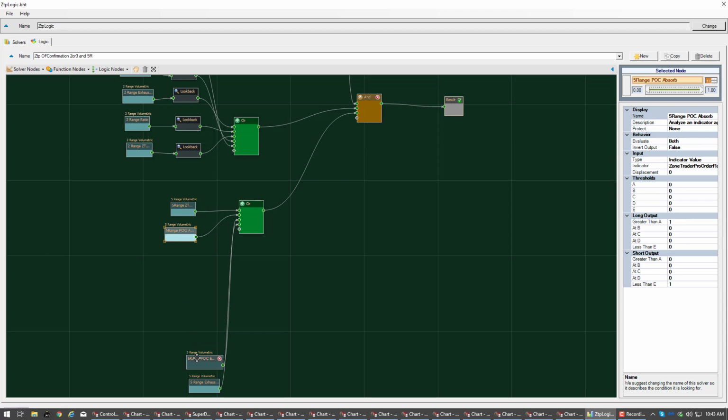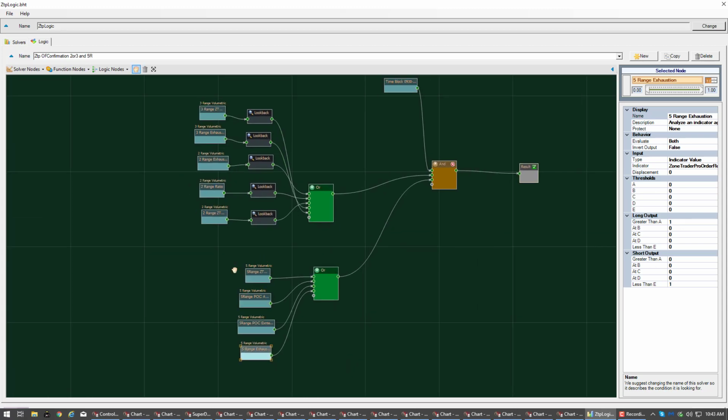We're going to get a signal on the chart anytime we have a 5-range volumetric signal, and I'm looking for the ZTP, the POC absorption, the POC extension, or the exhaustion trade.